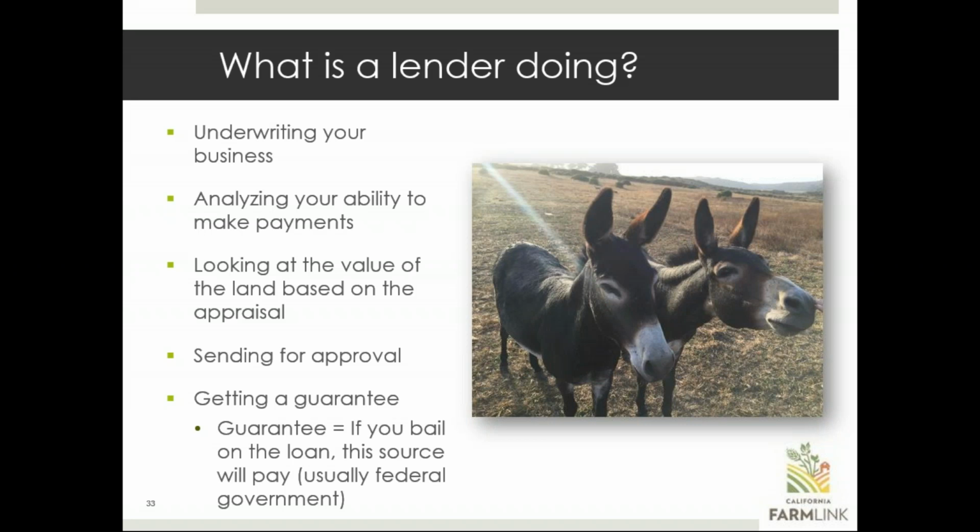And then they're sending it for approval and potentially getting a guarantee on your loan. So this means that if you are unable to pay, another source will pay for your default, which is usually the federal government. So a lot of banks will want to get a guarantee, especially on high value land purchase.